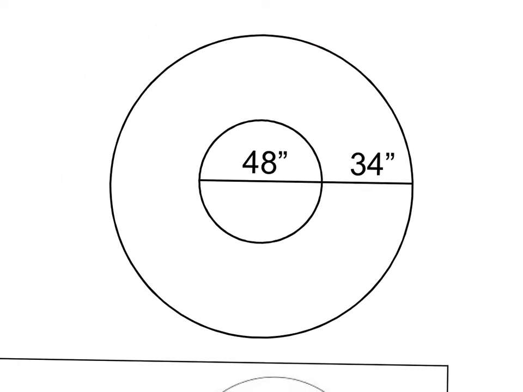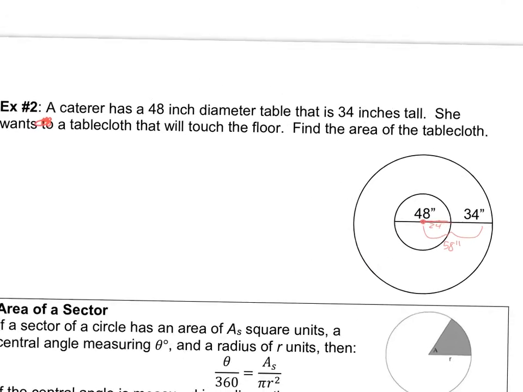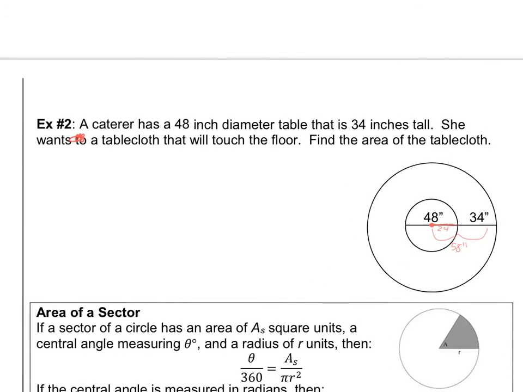This is our whole tablecloth here, and this is just the tabletop. Well, if the diameter of the tabletop is 48, then its radius is 24, which would make the radius of the whole tablecloth 24 plus 34, which is 58 inches. Well, now that we know that, we can find the area.